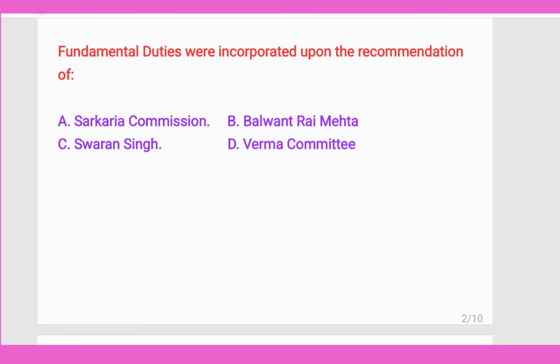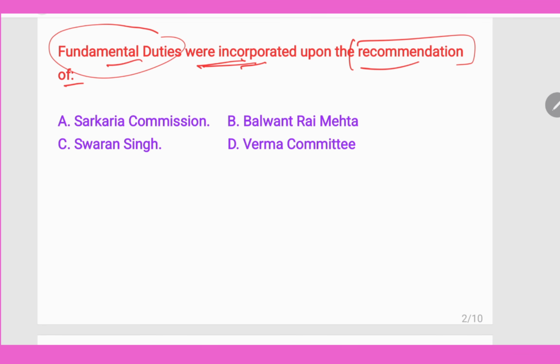Next question is fundamental duties were incorporated upon the recommendation of. The question is basically through which committee fundamental duties were incorporated in Indian constitution. The committee is Swaran Singh Committee, which was established in 1976, and fundamental duties were added in Indian Constitution by 42nd Amendment 1976.